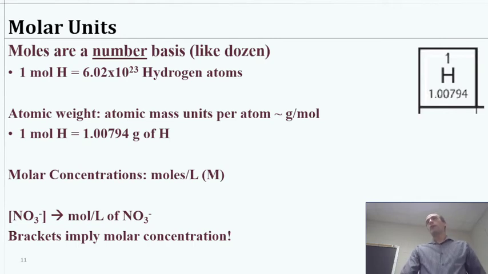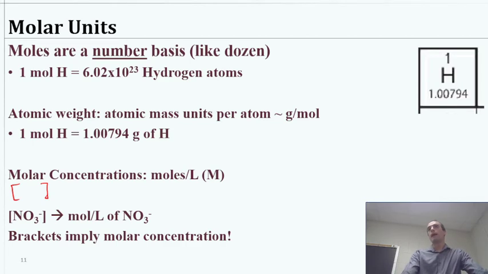Molar concentrations, then, that's moles per liter. How many moles of a given compound or atom are there in every liter of water, typically? So if we use brackets around a concentration, like we have here, that's implying that we have molar concentrations.